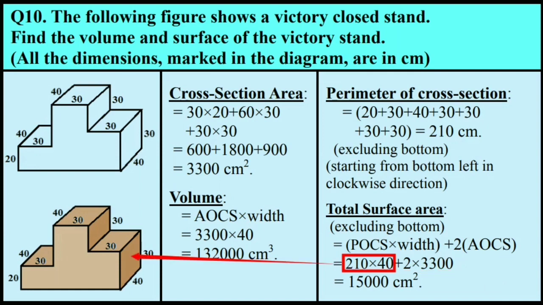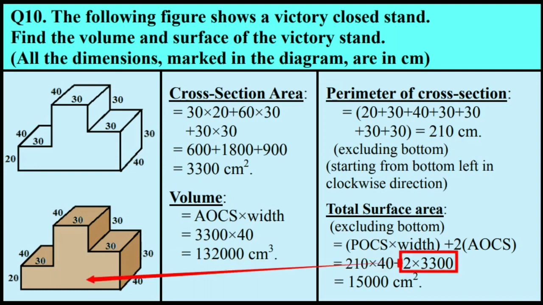Here 210 multiplied by 40 is the side and top area of the solid, and 2 multiplied by 3300 is the front face and the back face. It means the area of cross section 2 times. Finally, the total surface area of the box excluding bottom is 15000 centimeter square.